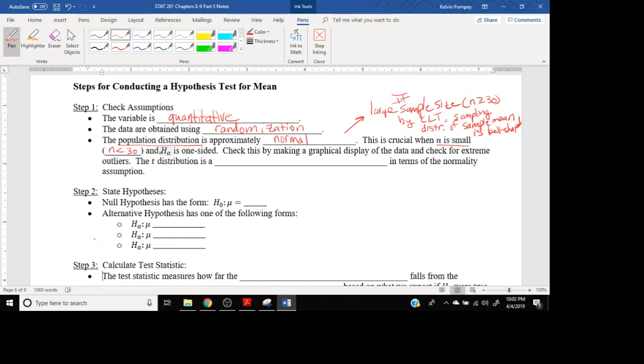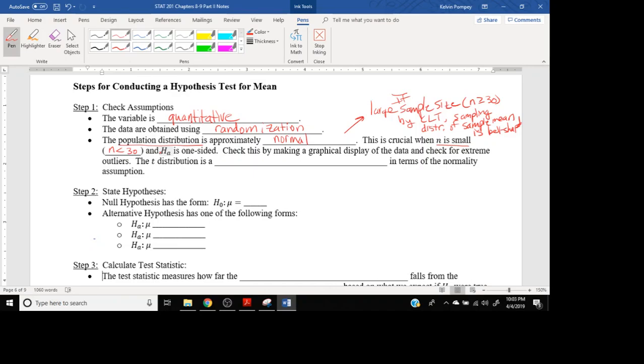Remember, your sample, especially if you use randomization, should be representative of your population. So if you look at the graphical display, remember we have a quantitative variable, so we can use a histogram, a stem and leaf plot, a dot plot, and so on, to get a view of what our data looks like from our sample. If that looks normal, and our sample is our best guess of what's happening in the population, then we can infer that our population distribution is normal as well.